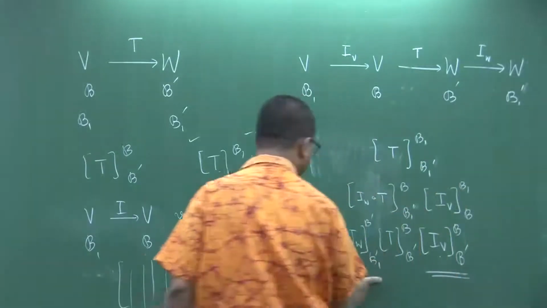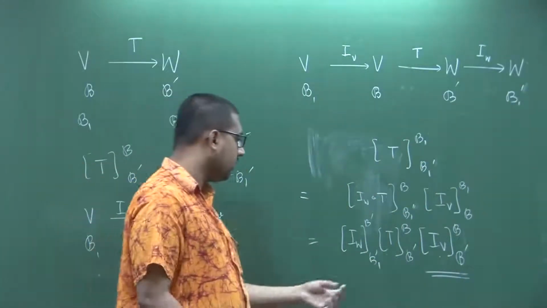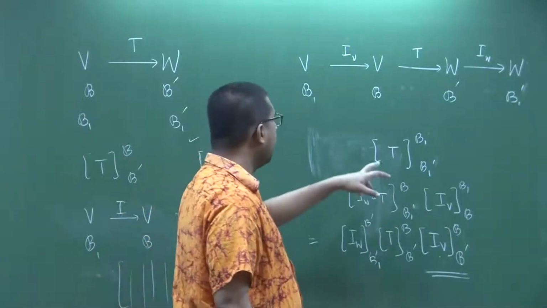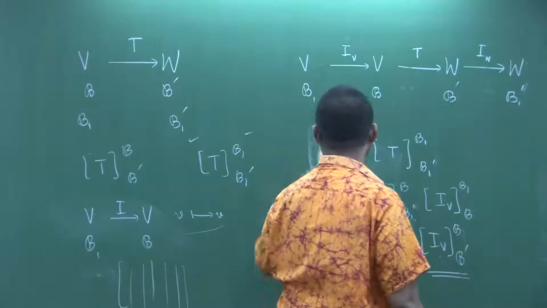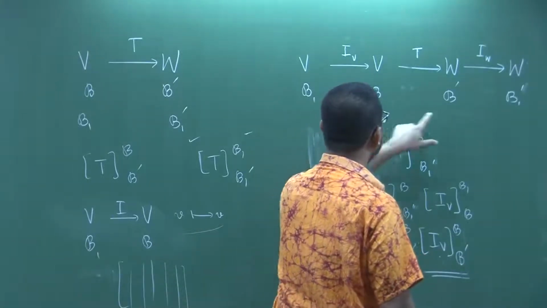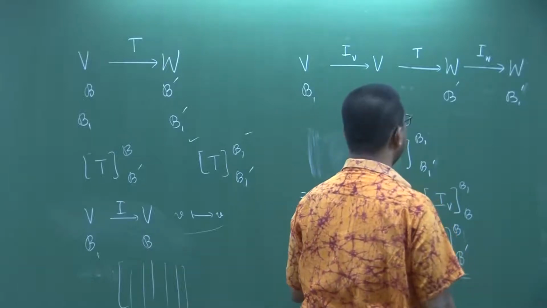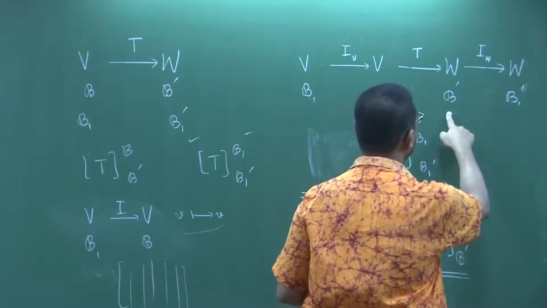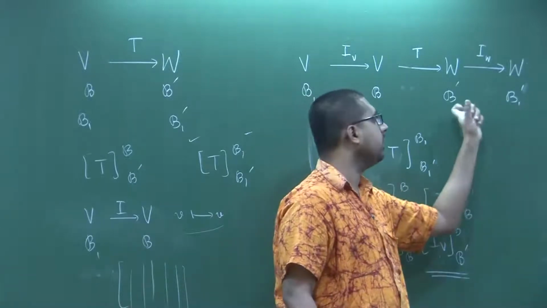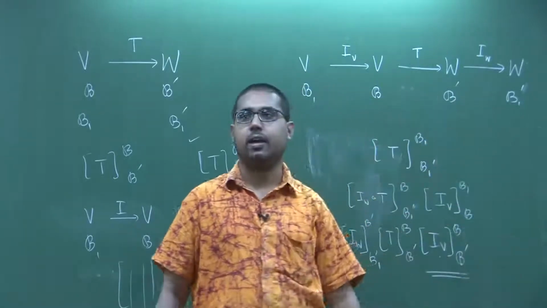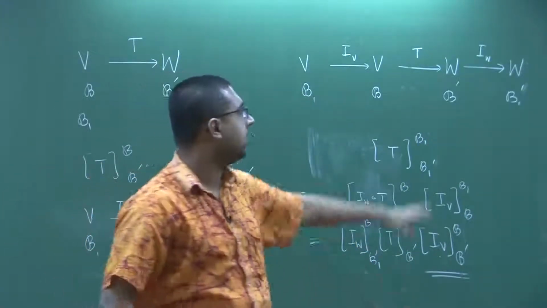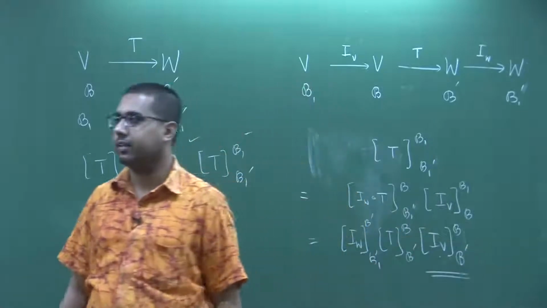Similarly, here we had I_W with B1 and B1 prime, so I of B prime and B1 prime. Here we are doing it the opposite way: we are writing the coordinates of the old basis vectors in terms of the new basis vectors.